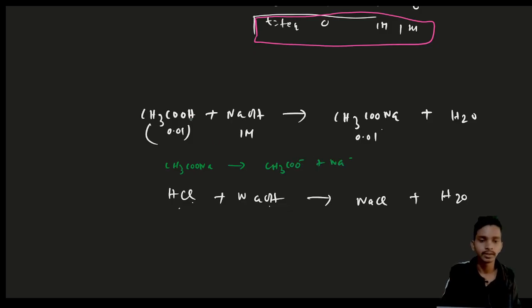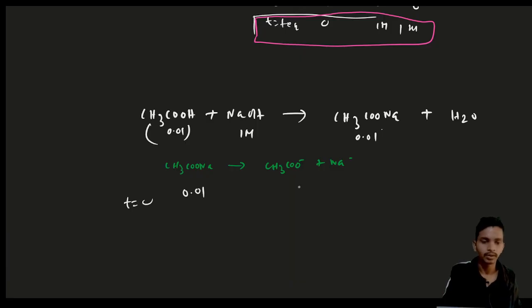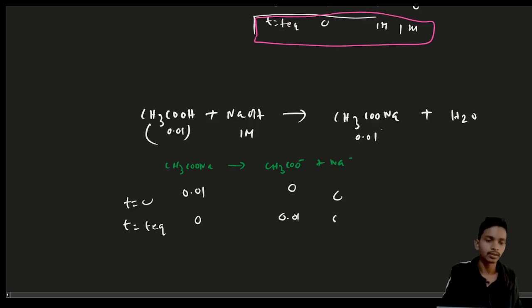into CH3CO minus plus Na plus. Let's say at T equal to 0, this amount is there, 0.0100, but at T equilibrium, this will completely dissociate.